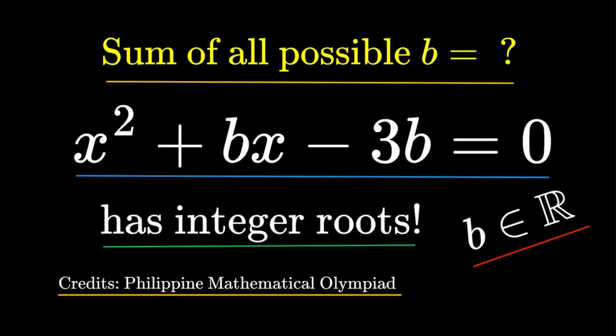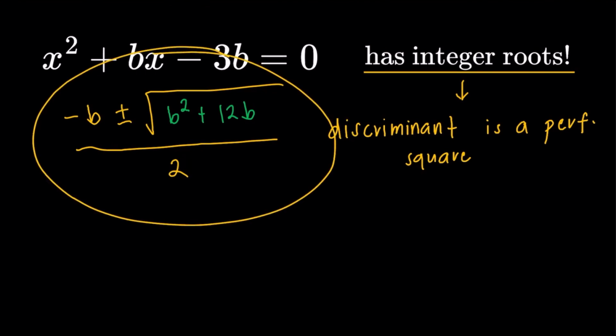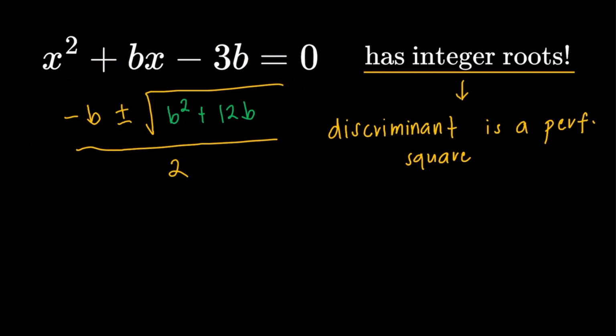This is very interesting because we could apply this in the given condition, the quadratic equation having integer roots, because that's going to mean that the discriminant is a perfect square, right? Now why is that so? Obviously, b squared plus 12b is the discriminant. By the way, we get this from the quadratic formula. Solving the roots via the quadratic formula, I'll get that the discriminant is b squared plus 12b.